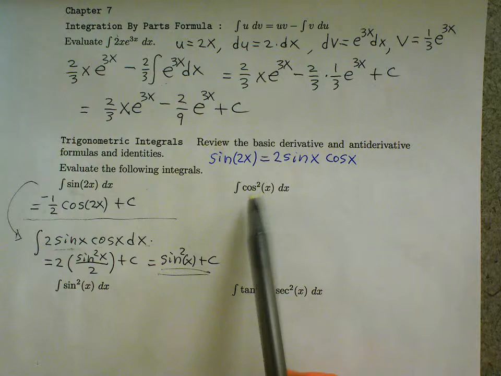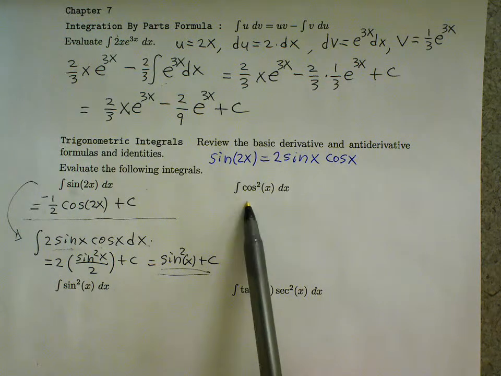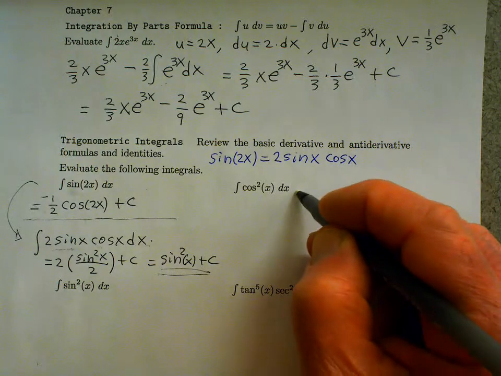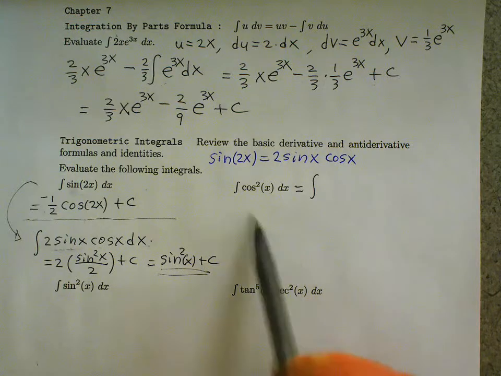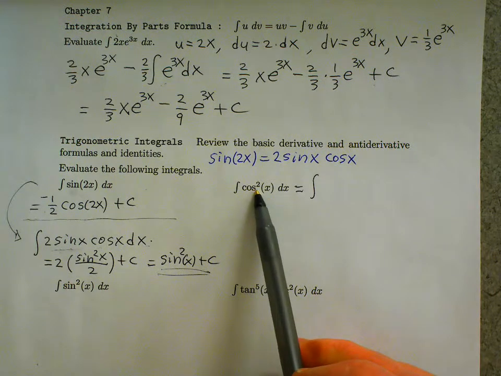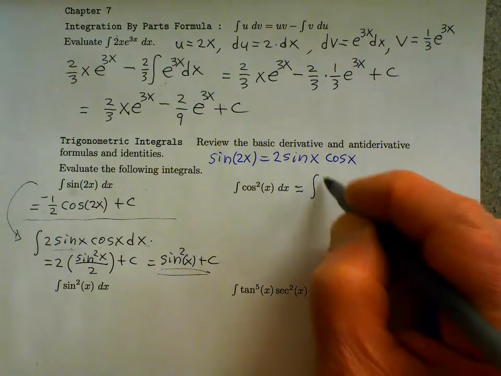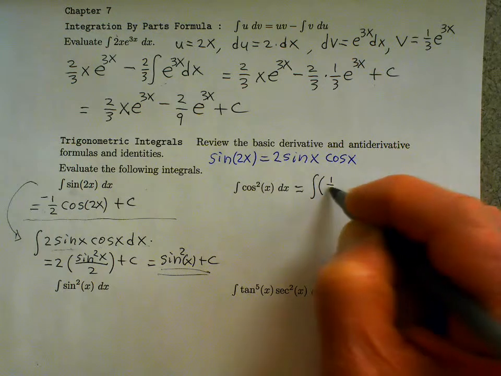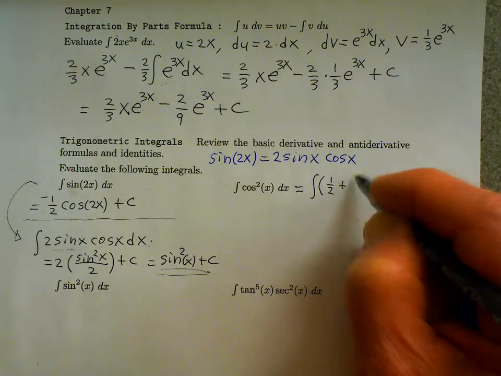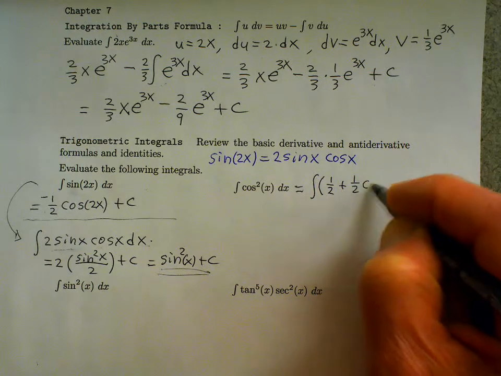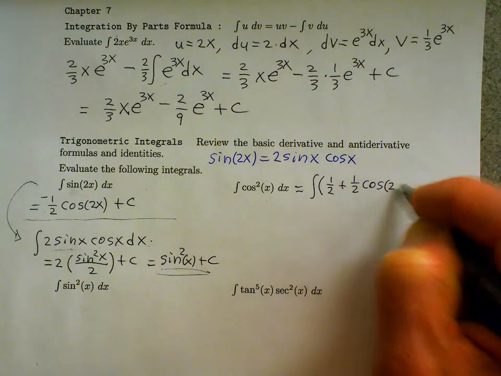The next one, the antiderivative of cosine of x squared. Well, I always seem to use the same identity for cosine of x squared when I need to integrate it, and that is cosine of x squared is equal to 1/2 plus 1/2 times cosine of 2x.